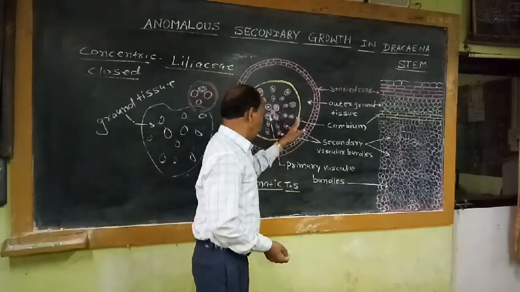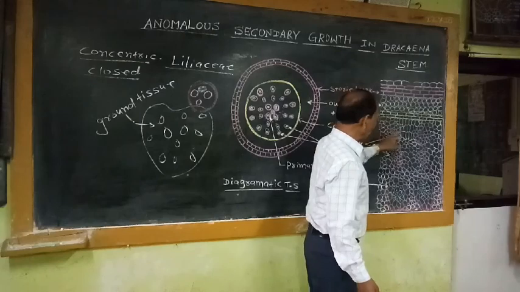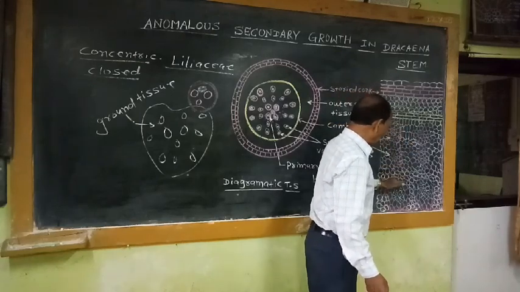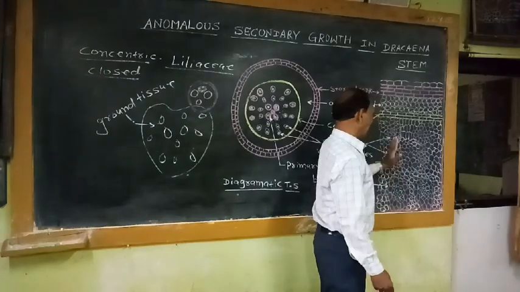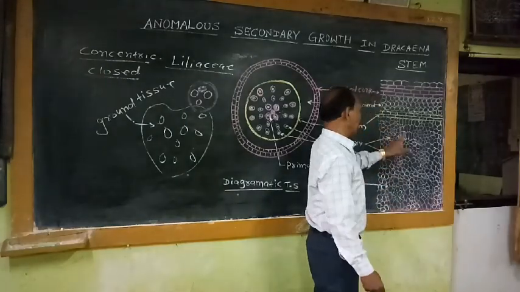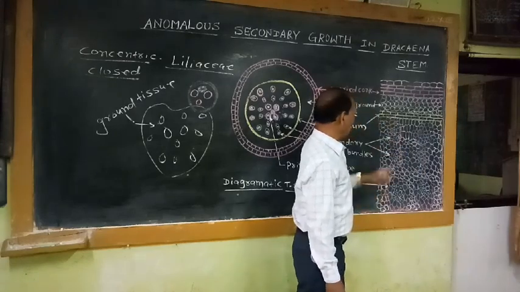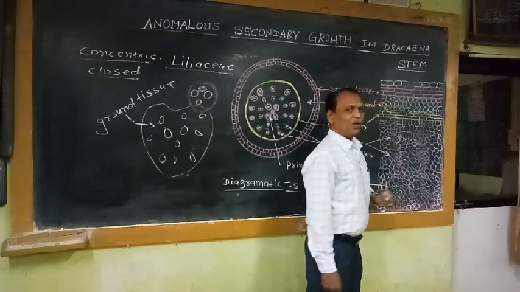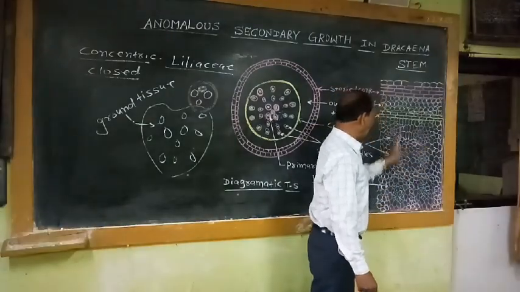That means when this cambium strip produces these secondary vascular bundles, the primary vascular bundles are pushed towards the center. So if we observe these secondary vascular bundles which are produced by this cambium, these secondary vascular bundles are oval in shape and more or less they are arranged in vertical rows.